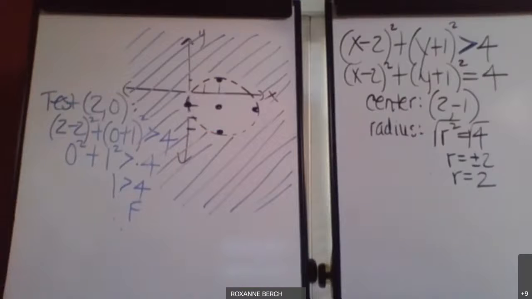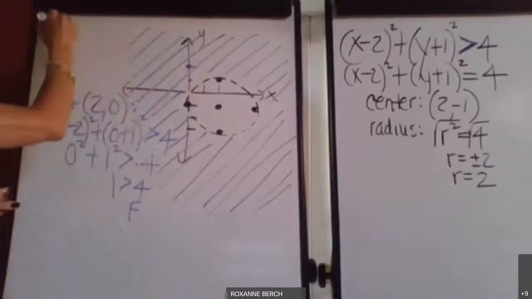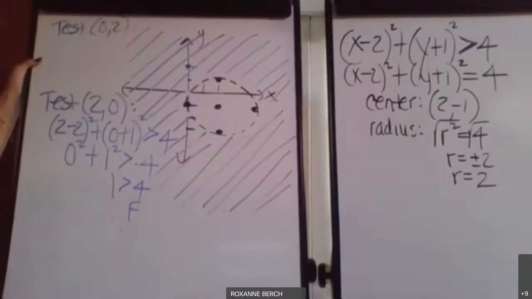So when you test a point, it has to be in the circle? Yeah, you can test a point outside the circle. So let's say I test 0, up 2. If I test 0, up 2, it better be true, right? Because I shaded it. You can test any point you want.